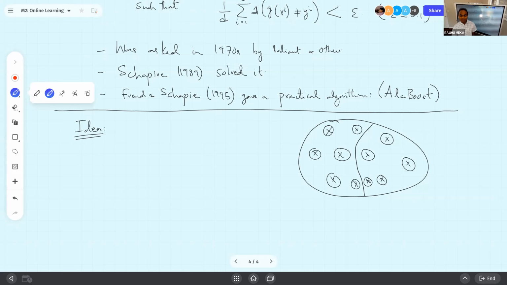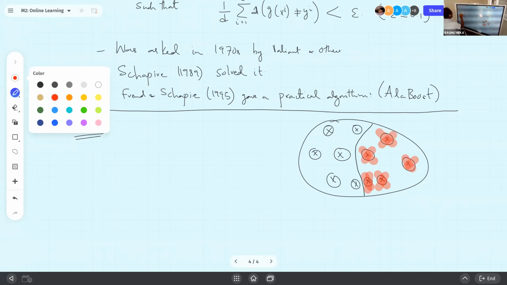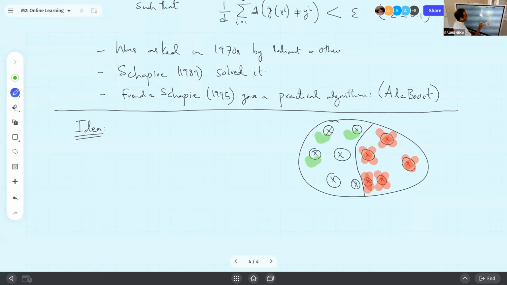And the weak learner gives me a hypothesis, tells me that you're wrong here, but you're correct on these 6 examples. So you're correct on these 6 examples, you're wrong on these 5 examples.